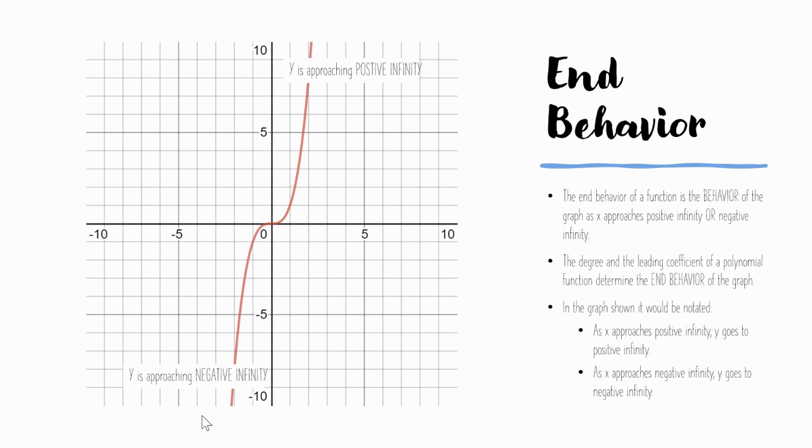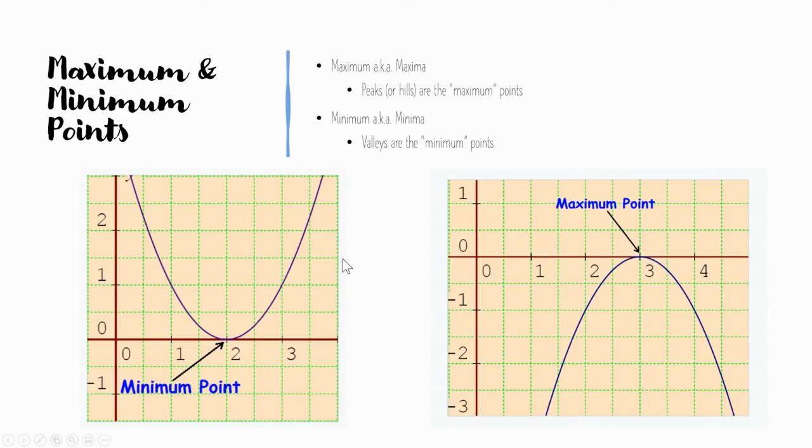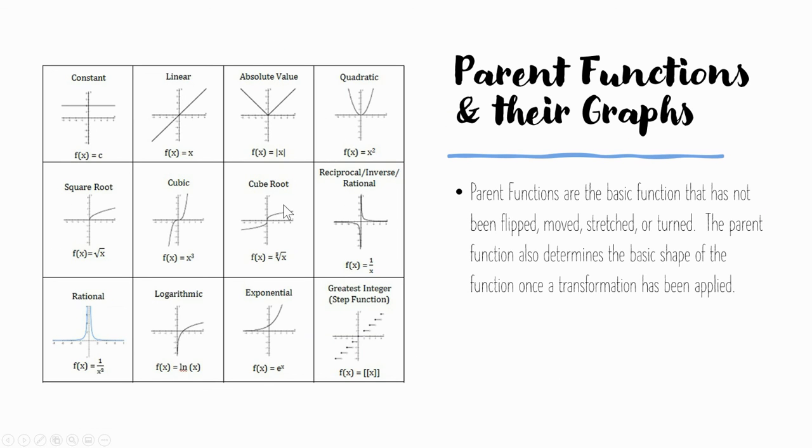So if I were to go back to these parent functions, there we go. You can see these parent functions. Look at this quadratic. As x is going towards positive infinity, the graph goes towards positive infinity. If I start at the origin, as x goes to negative infinity, the graph goes towards positive infinity.